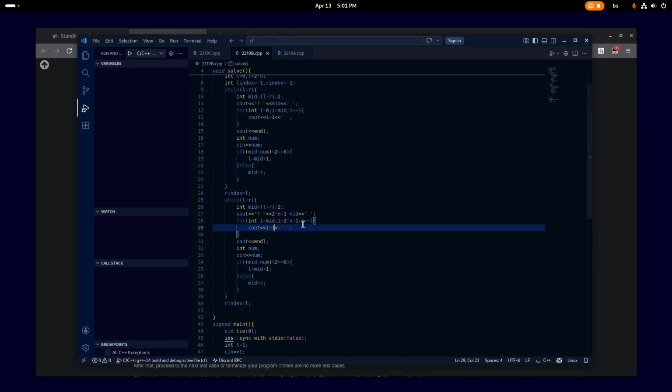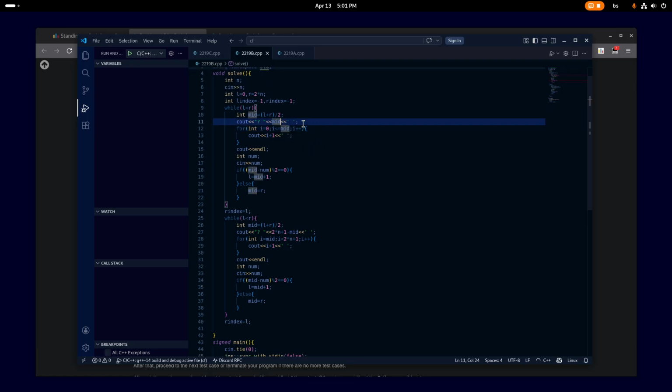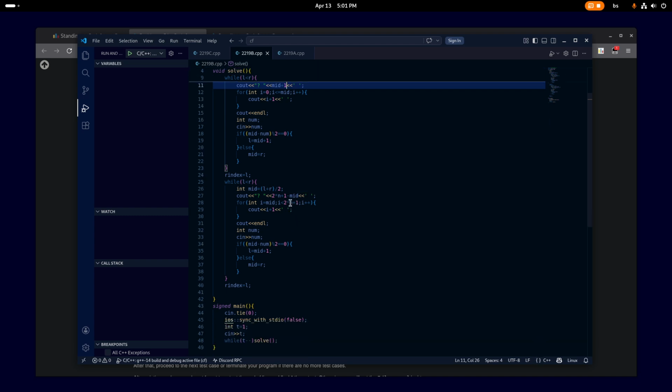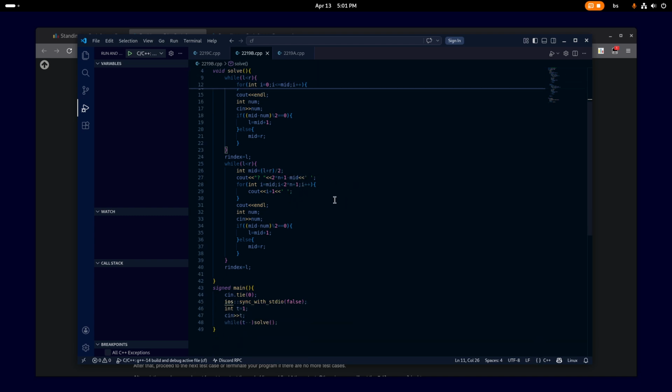Then again, here probably less than or equal to. Mid plus 1, maybe. I think something like this. Yeah, okay.